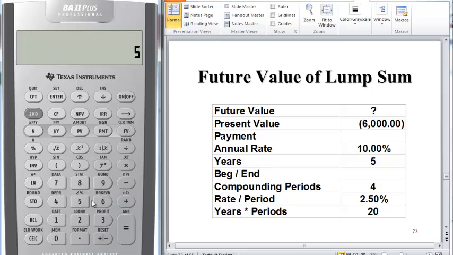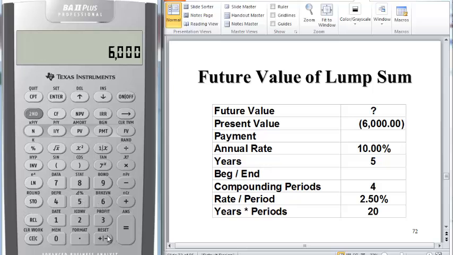I can say 5 times 4 equals, and drop that right into my N slot. I can say 10 divided by 4 equals, and drop that right into my I/Y. I wouldn't just write that number down, because if you write that number down, you can have some transcription errors. When I calculate it, I drop it right into the I/Y slot.